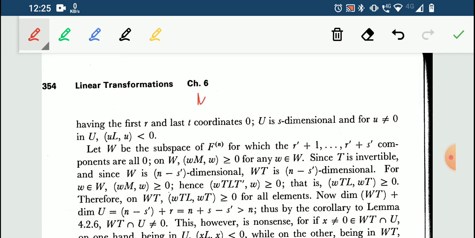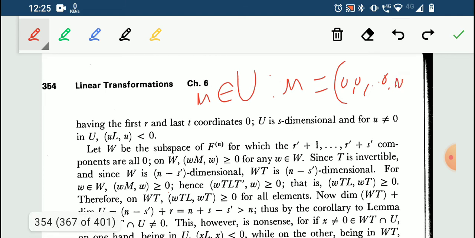So if you have some small u belonging to capital U, how does u look? It will be something like the first R coordinates, so this will be 0 0 0 till some R, then it starts with some elements, let's say u_{R+1}, u_{R+2}, u_{R+3}, dot dot dot till u_{R+s}, then once again all the elements are 0.